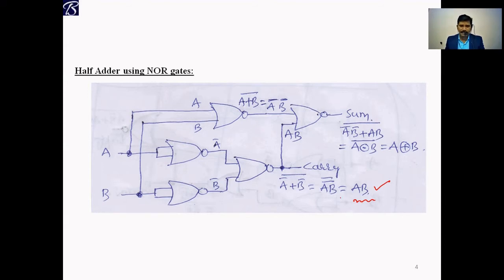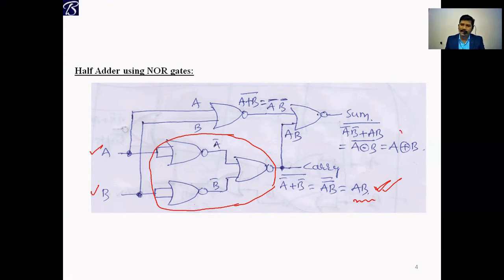Here, these are the inputs A and B. 3 NOR gates are required to implement an AND gate. See here, this is A bar and B bar, and here A bar plus B bar whole bar. If you apply De Morgan's theorem, you get AB double bar, that is AB. So 3 NOR gates are required to implement the AND gate. This carry we got.